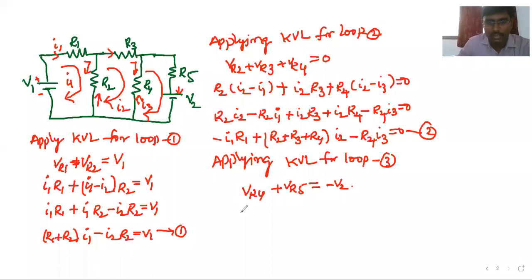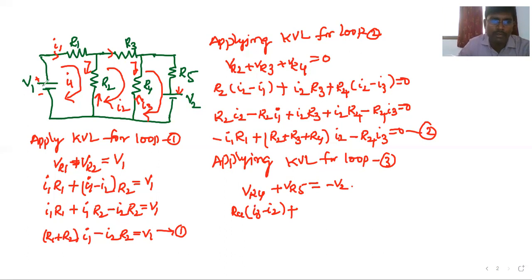So here, what is VR4? VR4 is the current flowing through R4 into R4. What is the current flowing through R4? I2 and I3. I2 is coming downwards and I3 is flowing upwards. So therefore R4 into (I3 minus I2) plus R5.